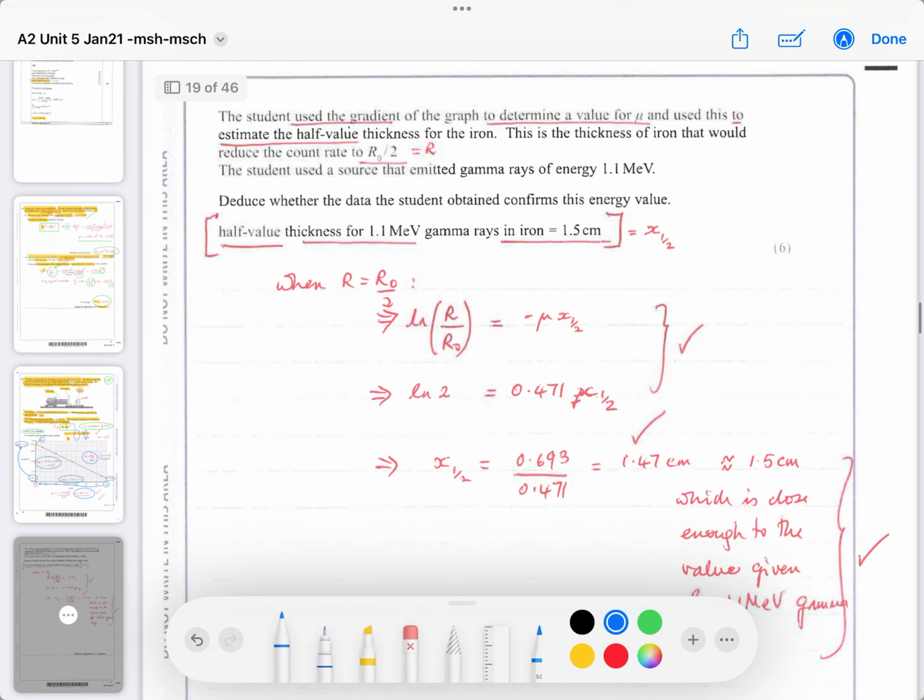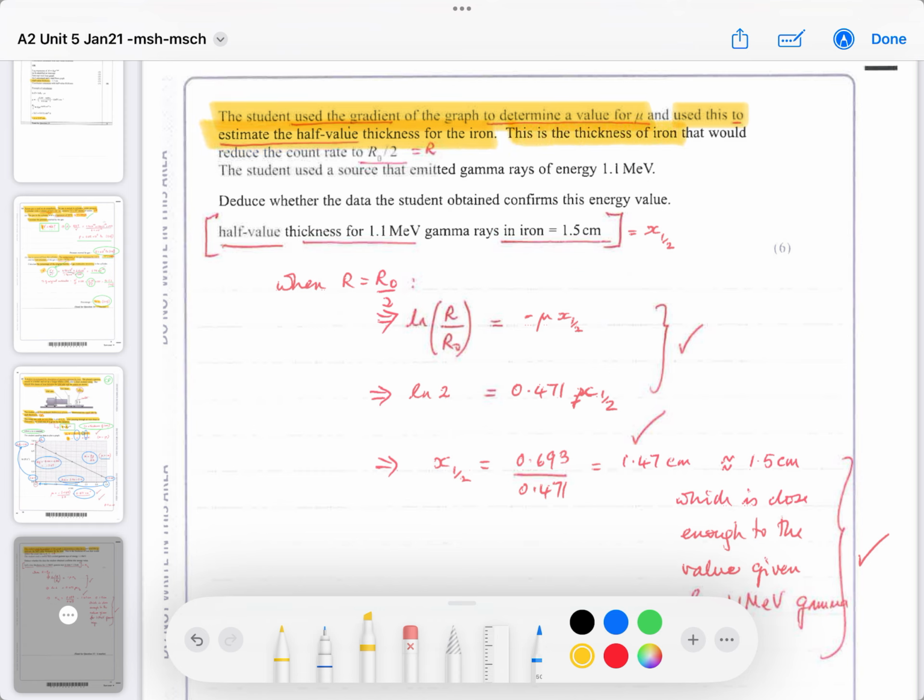Going back to the question then, which we've already answered largely. It says the student used the gradient of the graph to determine the value for mu, as I've shown you, and use this to estimate the half value thickness for the iron. We haven't done this yet. That's below.